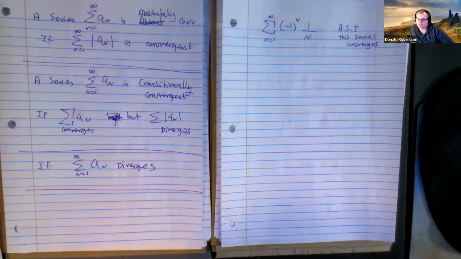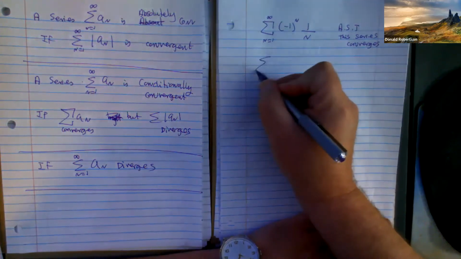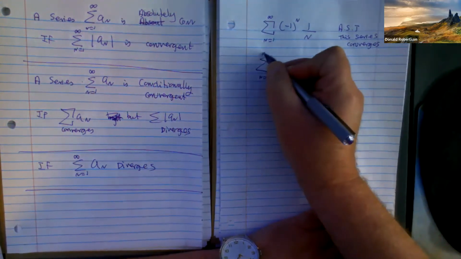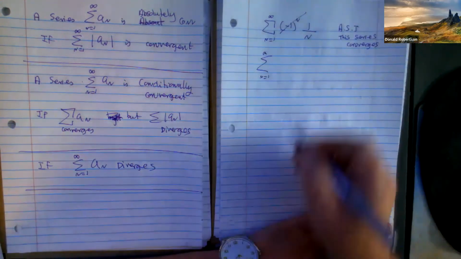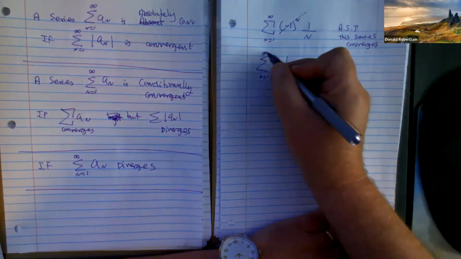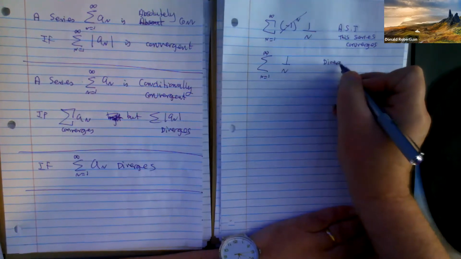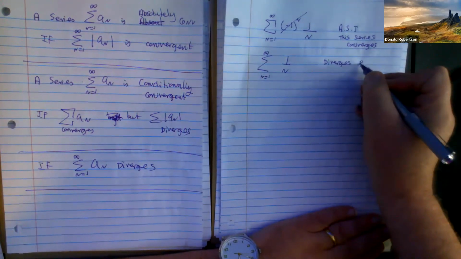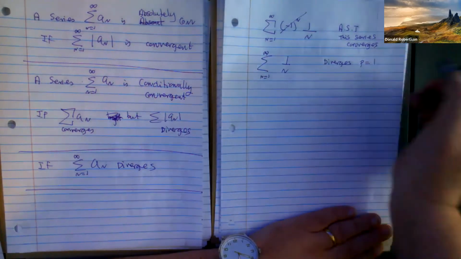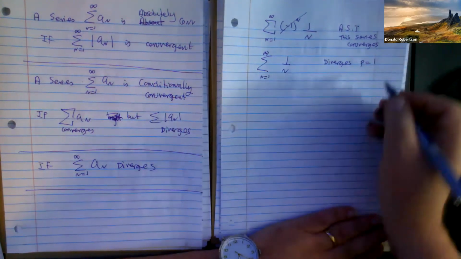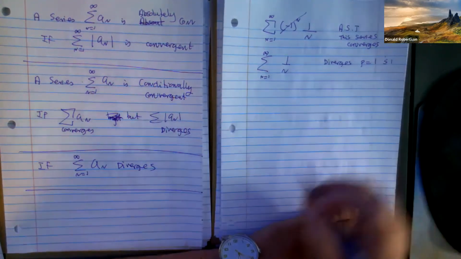Would you agree that alternating series, you could probably prove that? In fact, we may even have done that in a previous class. You trust me? Now, if you make everybody positive, which almost always means getting rid of that guy, you now have this series. And I know that this series diverges. I know it diverges because it's a p series, p equals 1, and if your p value is less than or equal to 1, you diverge.